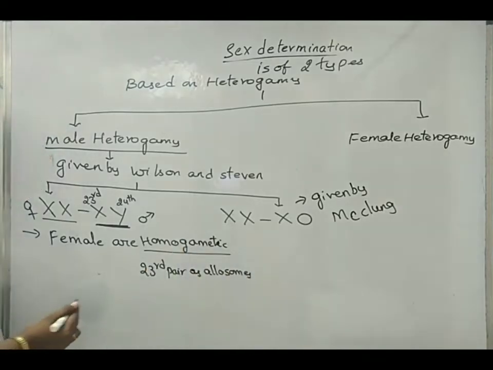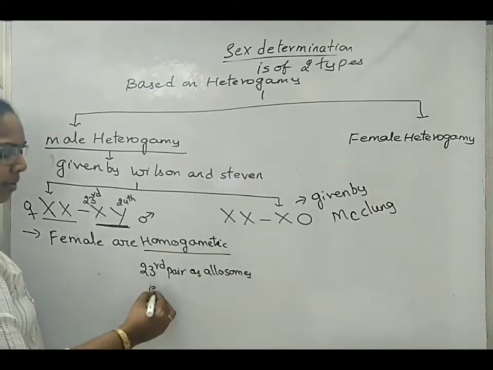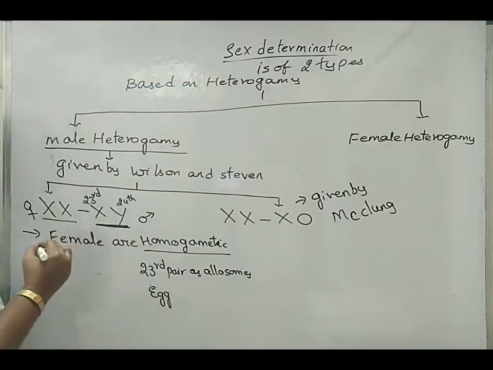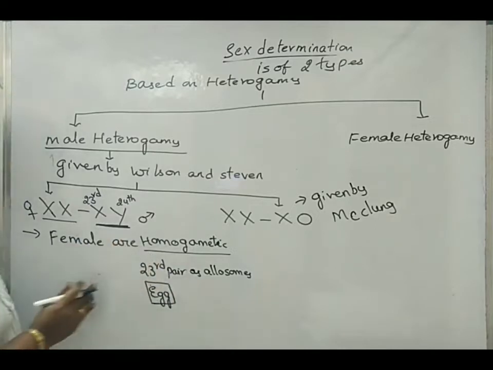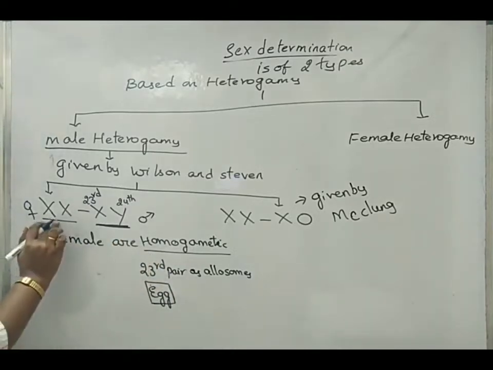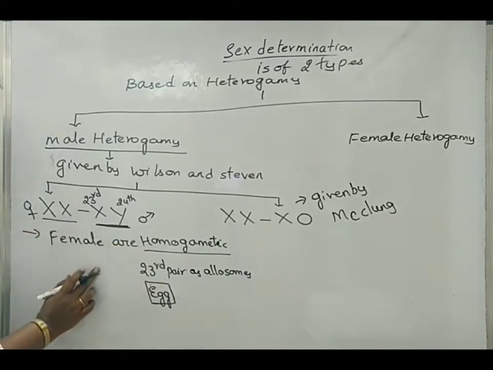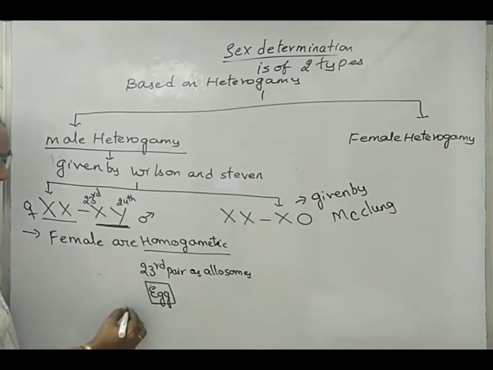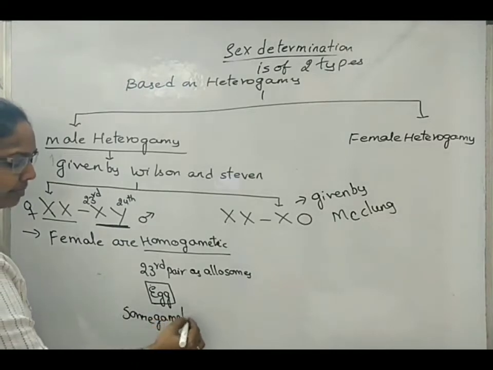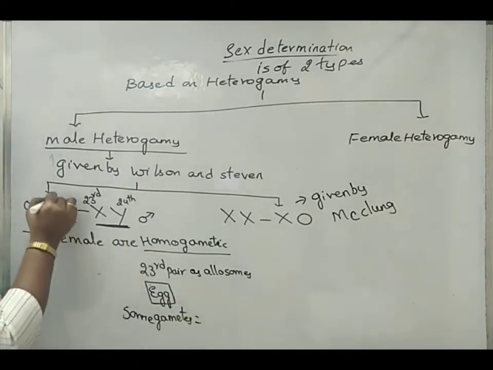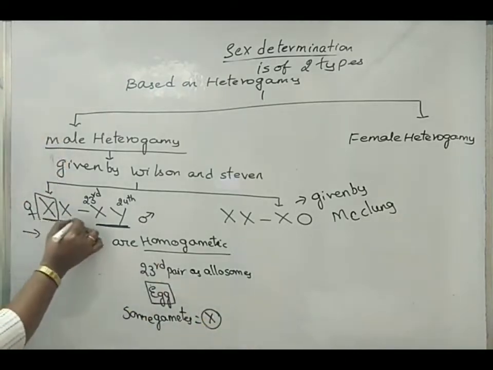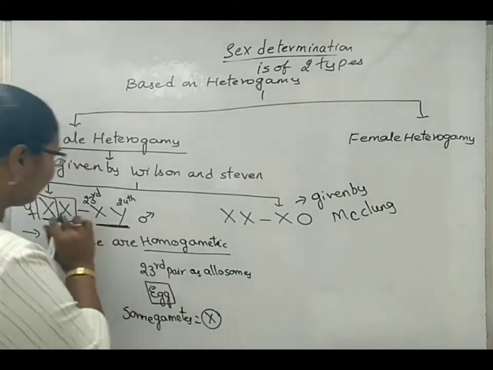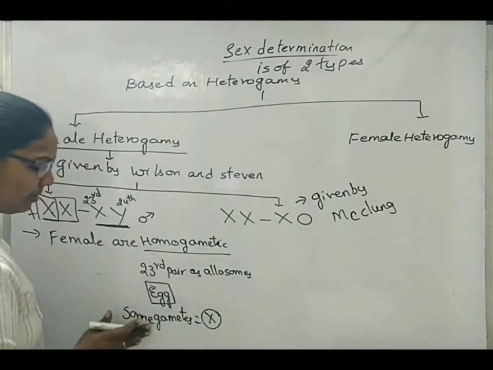And we also know that a female human being produces eggs. So, before formation of eggs in the female body, these two chromosomes are separately distributed into the gametes. It means some gametes get one type of X chromosome, and some other gametes get the second X chromosome.